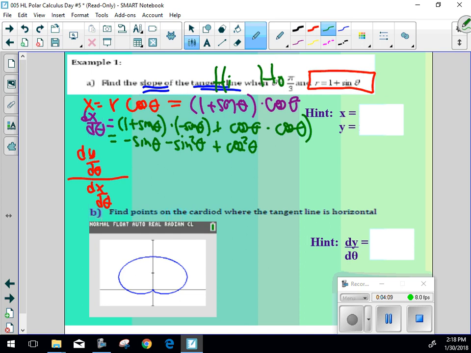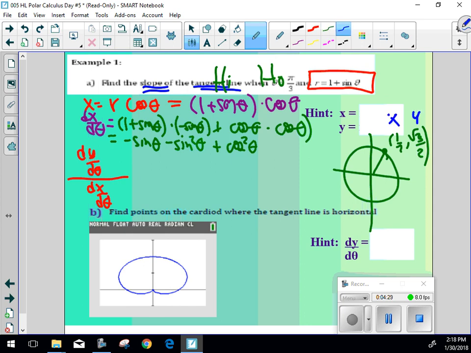And what's the sine of pi over 3? Is it 1/2 or square root of 3 over 2? Which one? For sine, is it x or y for sine? Come on. Scaring me. Yeah. Sine is the y.